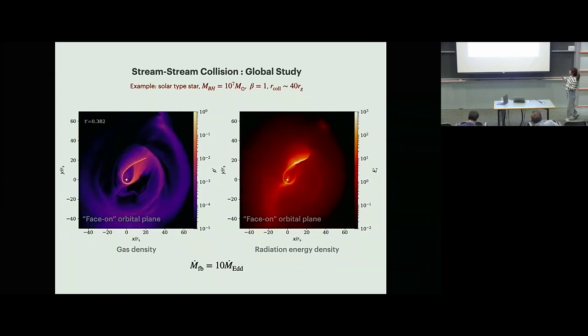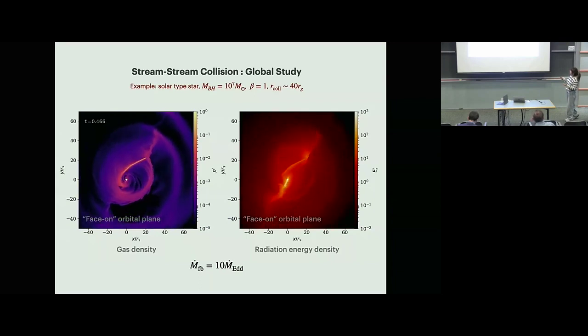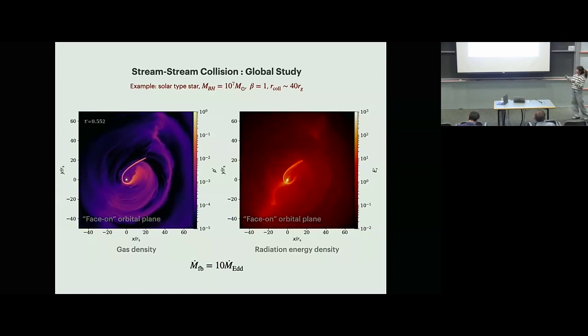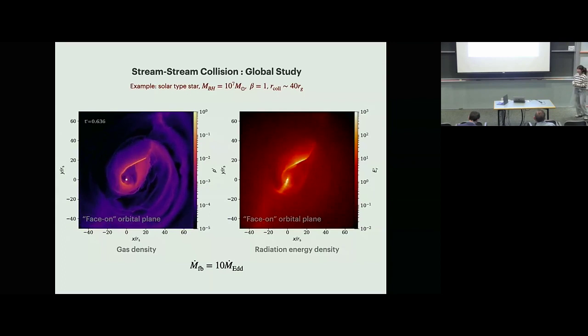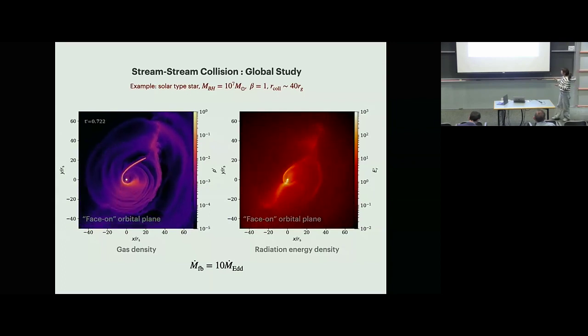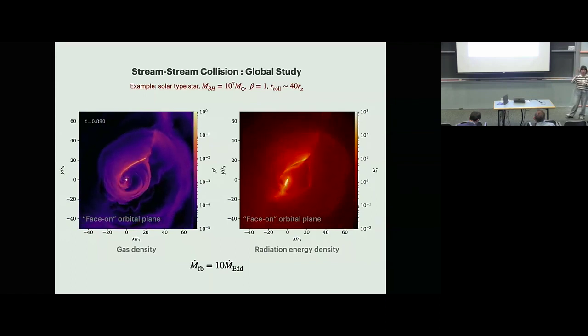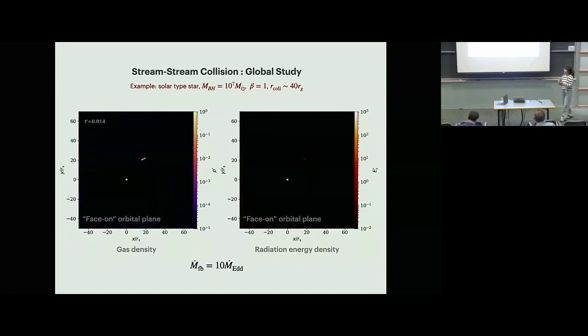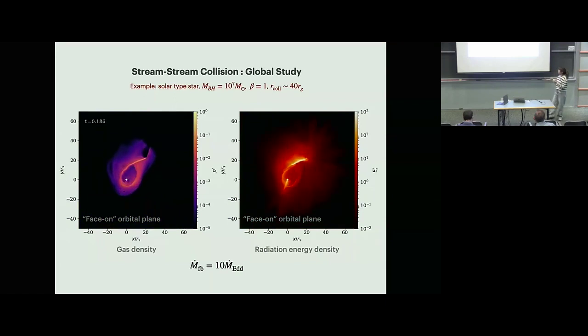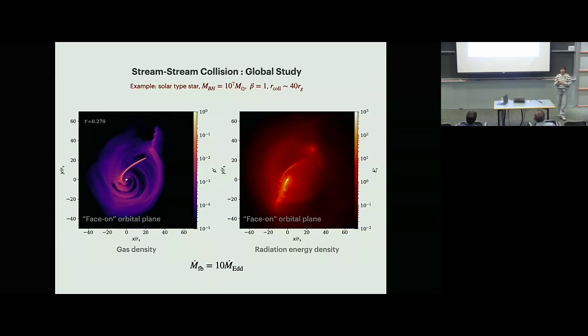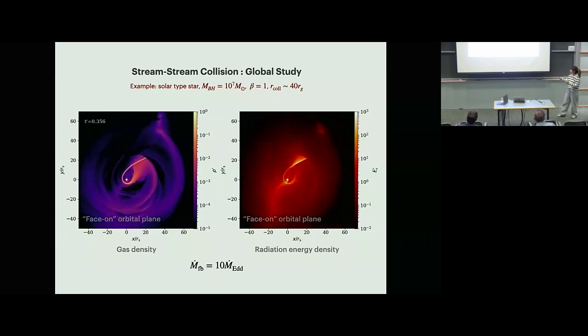Sometimes in between collisions, we also see a column of emitting gas on the other side of the collision. Looking at this movie and these variabilities, because these emissions are probably related to these episodic interactions, we're wondering: can we actually see these variabilities if the system is optically thin enough, or if we are at wavebands that can look so deep, close to the black hole?